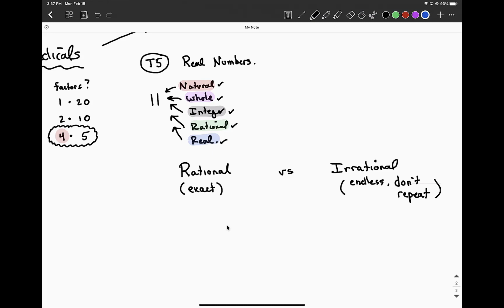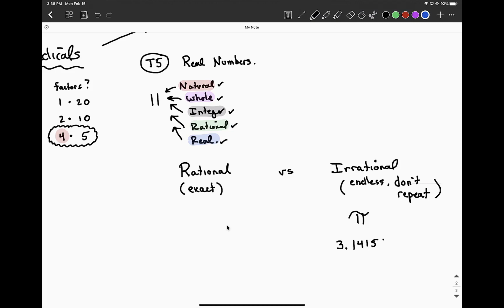We come up with symbols for them. Most famous irrational number is pi. No one knows exactly what pi is, because it just keeps on going. People have built supercomputers that have stored billions and trillions of decimal places.